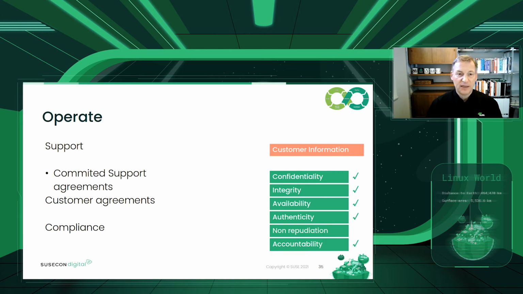During operating, an additional aspect, though, is added. This is the support. And the support agreement requests that you have customer agreements between supplier and buyer. And this requires mutual confidentiality about the information exchanged in terms of such a support agreement and a support case, for example.